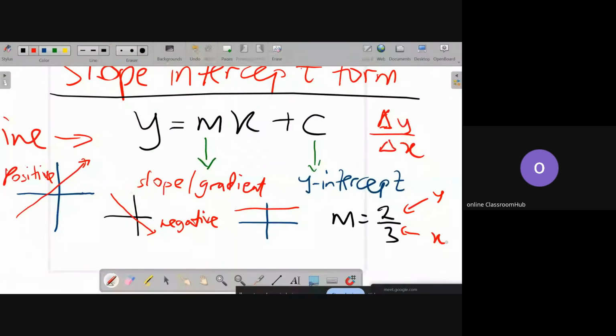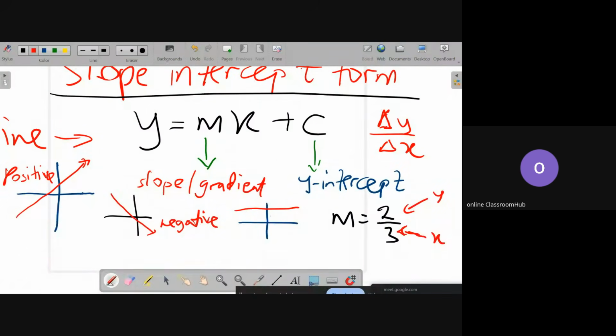So this is what you are going to do. You are going to move 2 steps upwards from the y-intercept. Take note. From the y-intercept, you move 2 steps upwards along the y-axis. And because the 3 is on the x, changing x, you move 3 steps to the right.